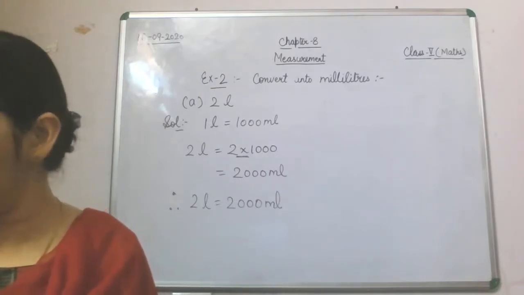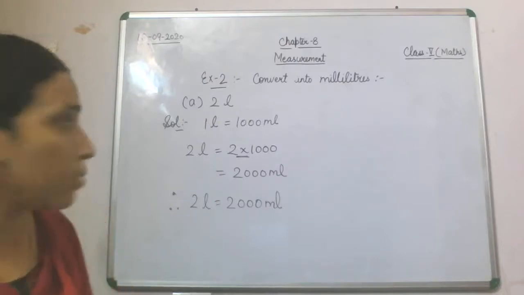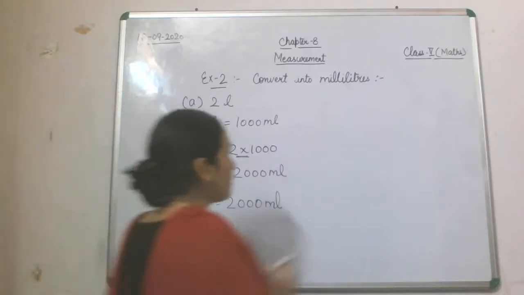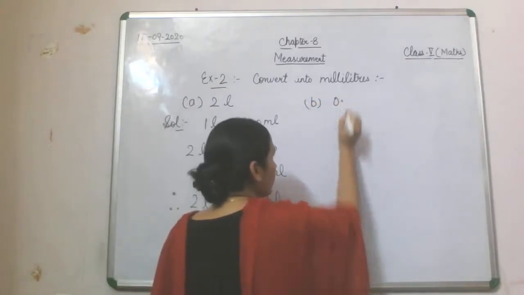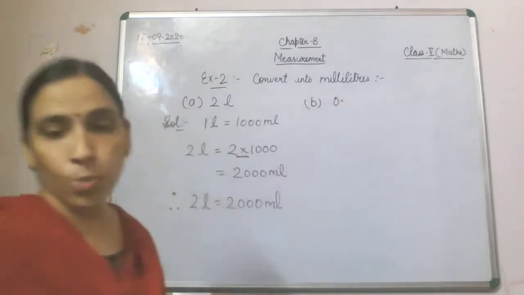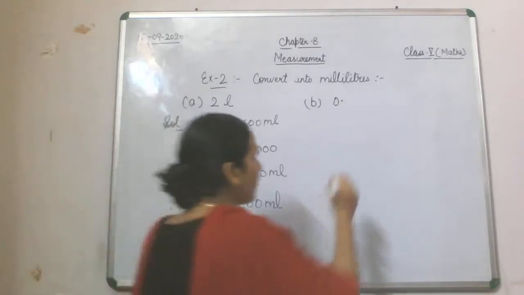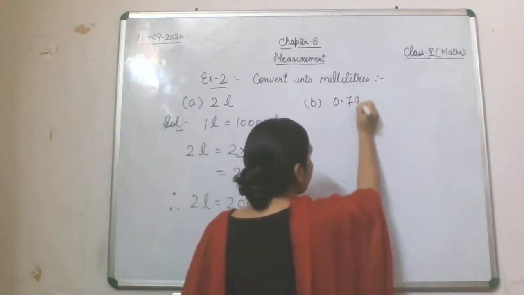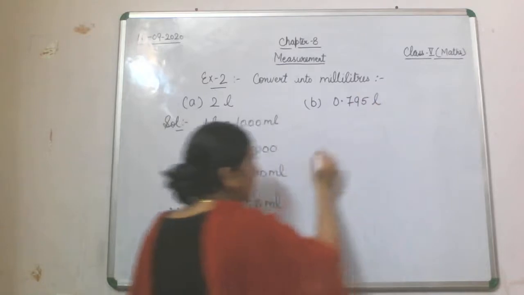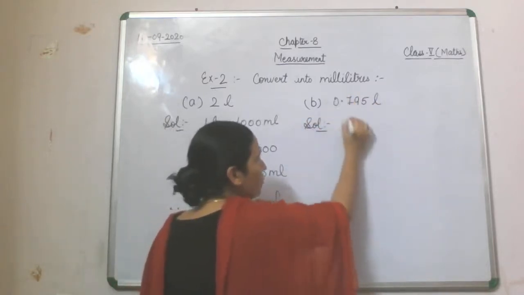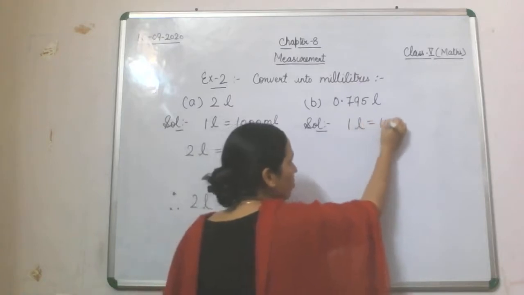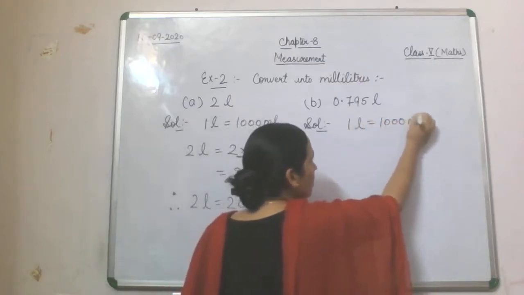So now let's start with the second part of this question, B part. Now what is that B part? B part is 0.795 liter. Again that is given in liter. It means for changing it into milliliter, what you will do? 1 liter is equals to 1000 milliliter.